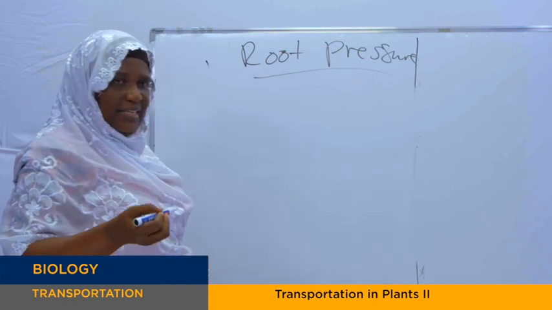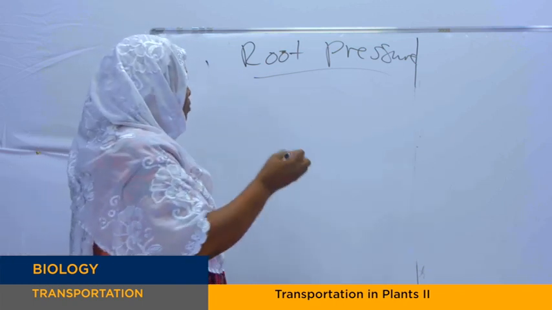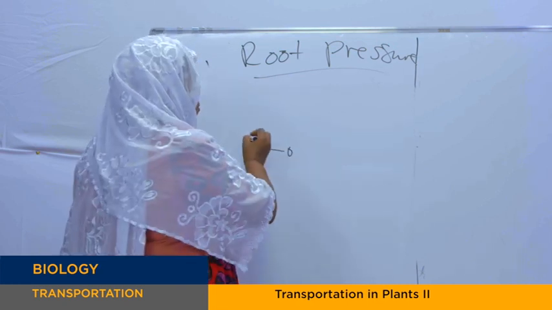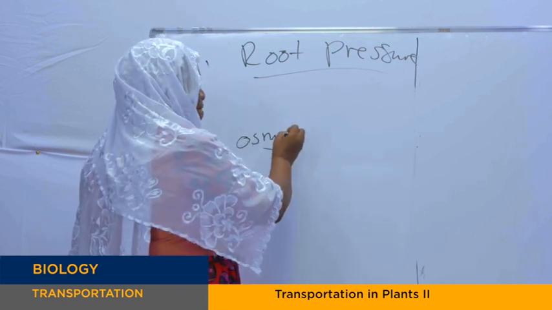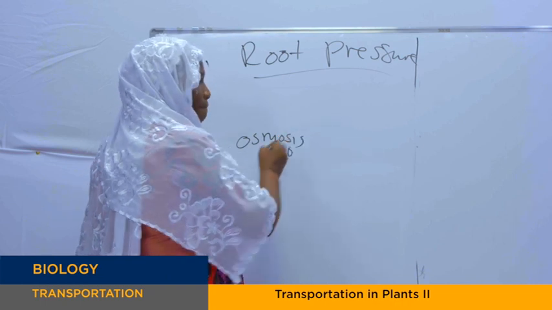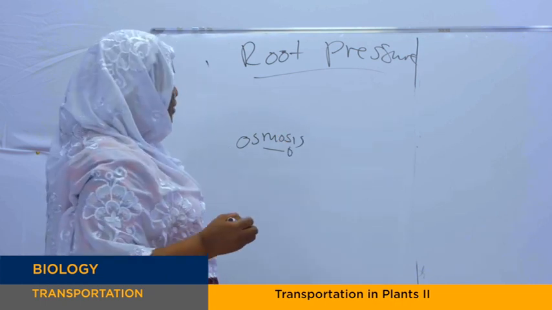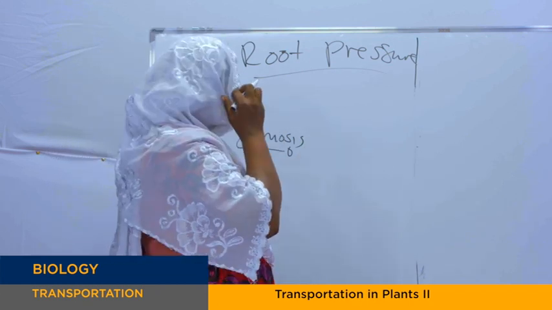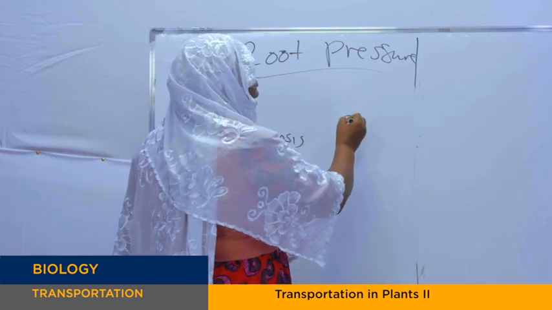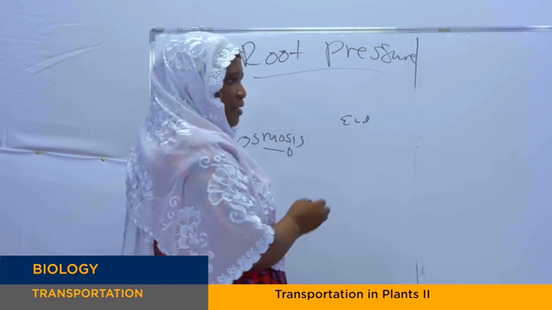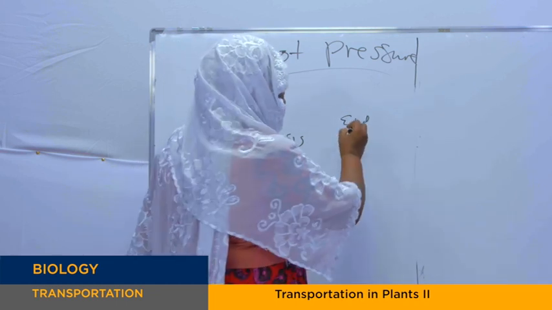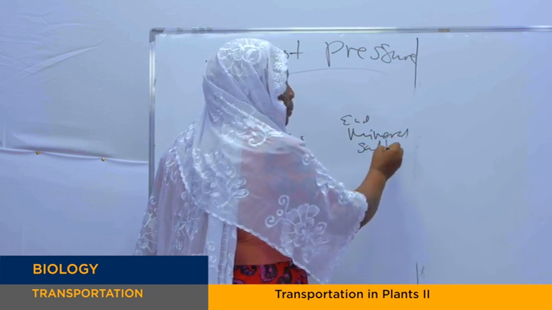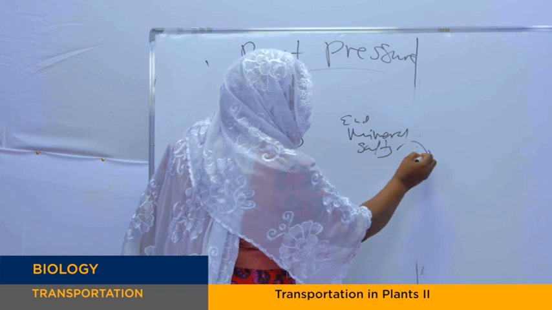At the beginning, I said that water enters the root hair by osmosis. At the same time, I said that when water and mineral salts reach the endodermal cells, there is active secretion of mineral salts into the xylem.